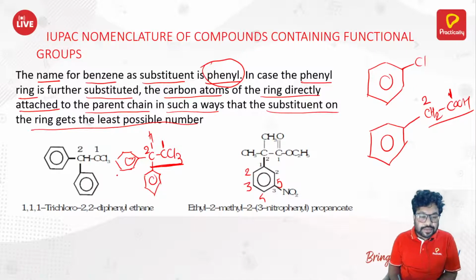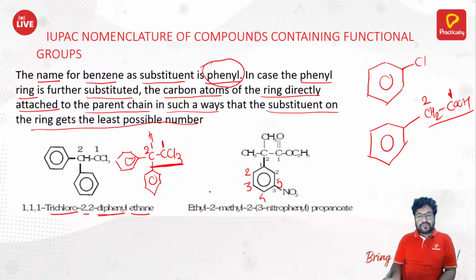Then how do you name this? 1,1,1-trichloro-2,2-diphenyl ethane, right? That's how we name it.